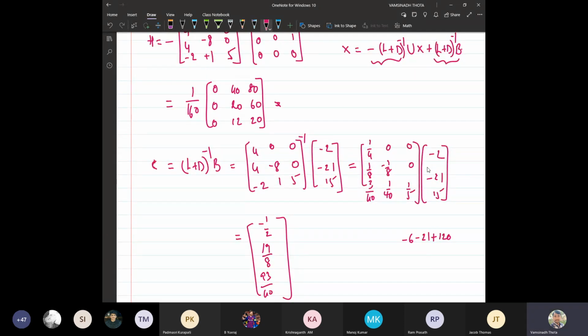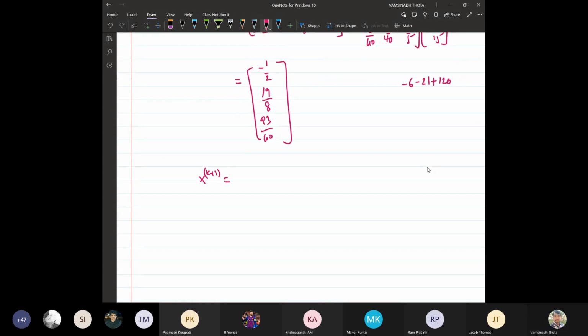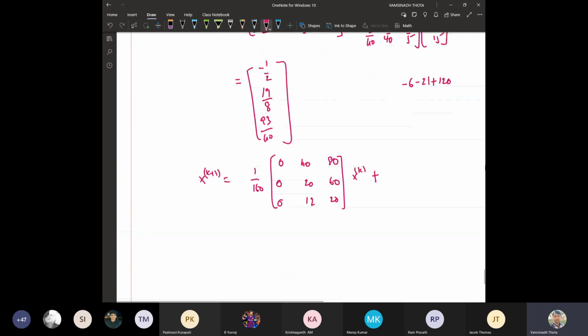The matrix of iteration is 1 by 160 times 0, 40, 80, 0, 20, 60, 0, 12, 20, times the kth iteration plus the constant matrix, that is minus 1 by 2, 19 by 8, 93 by 40.